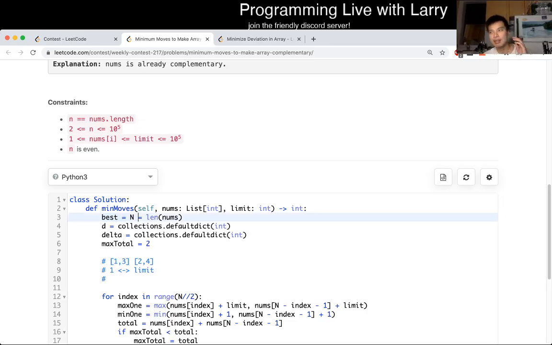But then the question is trying to count the number of ways to only change one number, right? So let's look at one bucket, if you will, one pairing. So 1 and 3, right? What's the smallest number you can change to changing only one number? Well, that's changing the 3 to 1. So that's going to be 2.